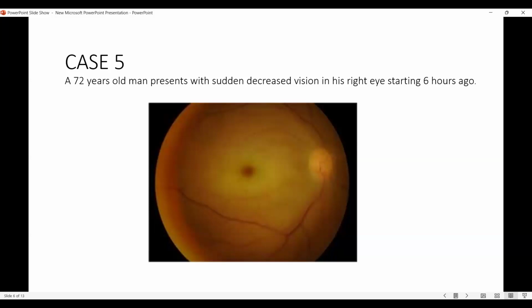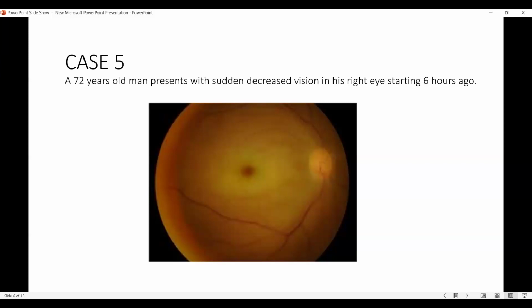Systemically, it is very important to take a history of cardiovascular disease, hypertension, diabetes, any prior episodes of transient obscuration of vision, and especially any history of vasculitis or sickle cell anemia. For management purposes, if the patient is a smoker, he has to stop smoking. And giant cell arteritis I have already mentioned, sir.